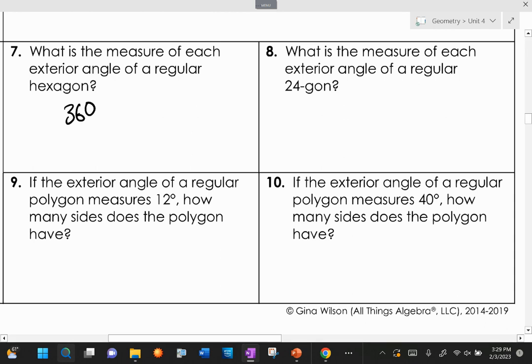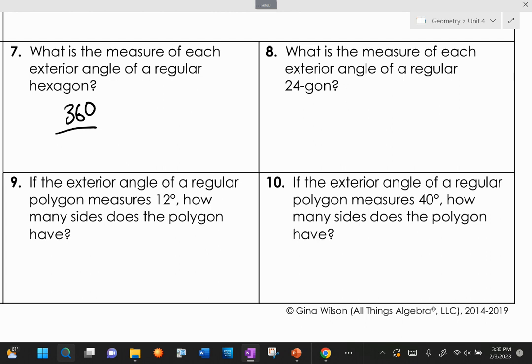You would have 360 divided by the number of sides.